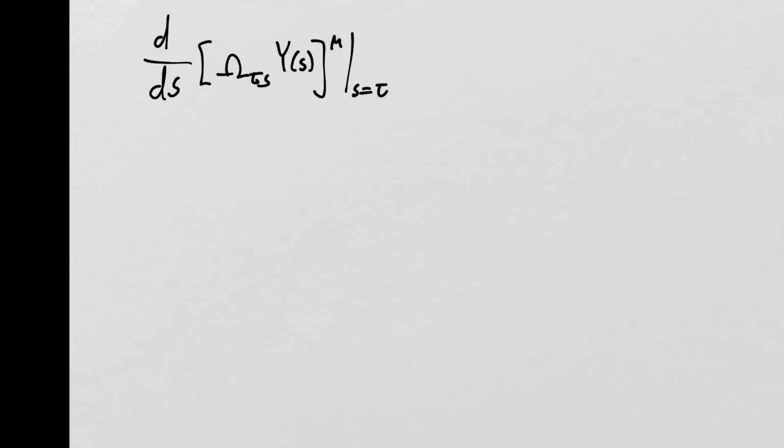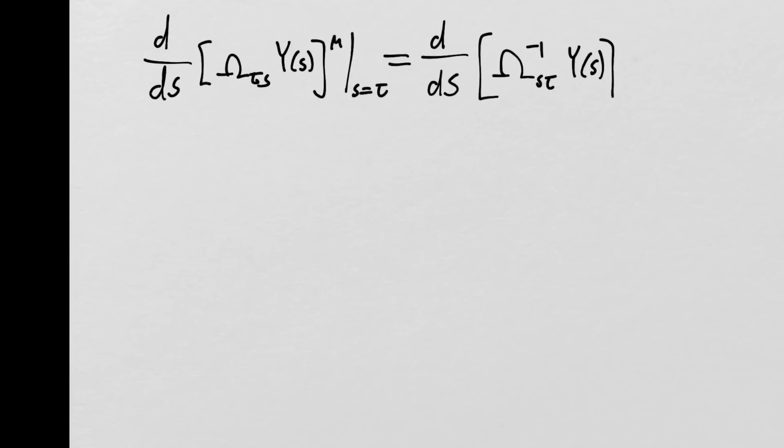And I'm going to turn it into that using everything we've just learned. The way I'll do that, it's actually kind of tricky, is d by ds, then I will go to the inverse, and I'm going to swap the subscripts: st of y of s mu evaluated at s equals t.